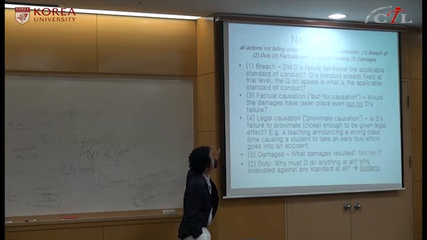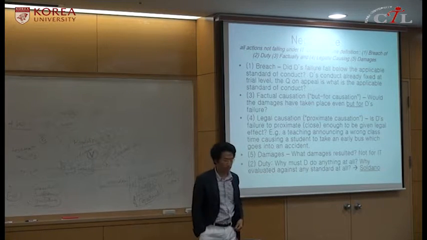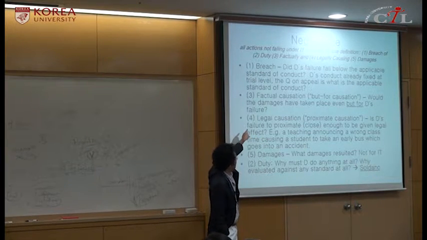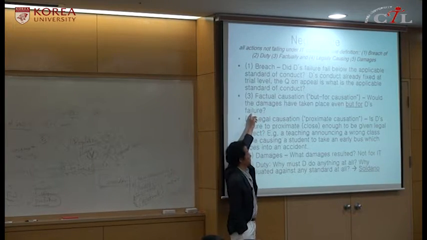Factual causation. It's also called but-for causation because the question you ask is, would the damages have taken place even without defendant's failure? More exactly, defendant's breach of duty. 이거 바꿔 쓰세요.